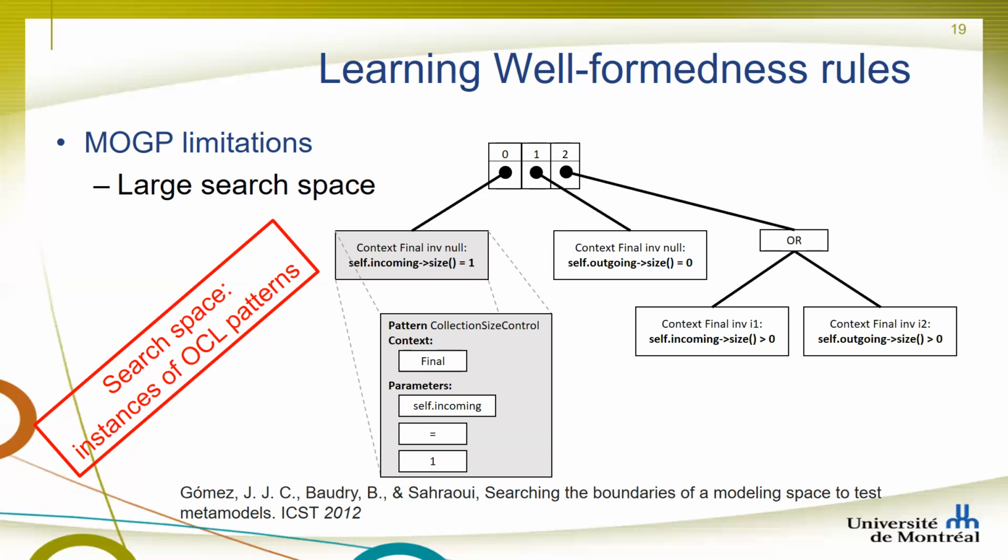Okay, and he found that any of these well-formedness rules can be expressed with a limited set of patterns or combinations of these patterns. So the problem changed. So the search space is no more find any OCL expression, but rather find instances and combinations of instances of these patterns. Okay, and this changed a lot the results and the convergence.